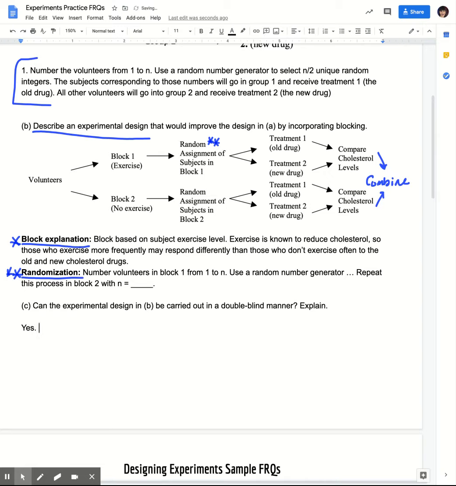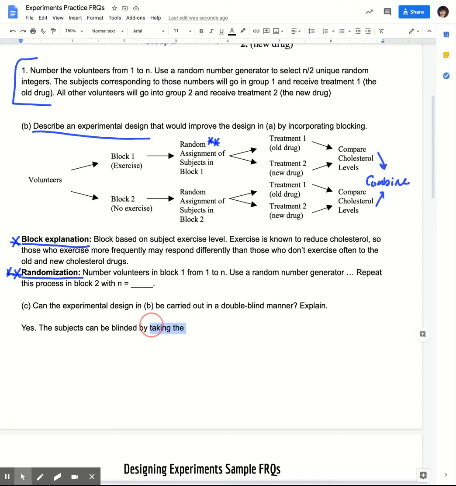Okay, and then you have to describe how each group can be blinded. Okay, so the subjects can be blinded by giving, or not by giving, by taking the, no, that's not the best way to describe this.